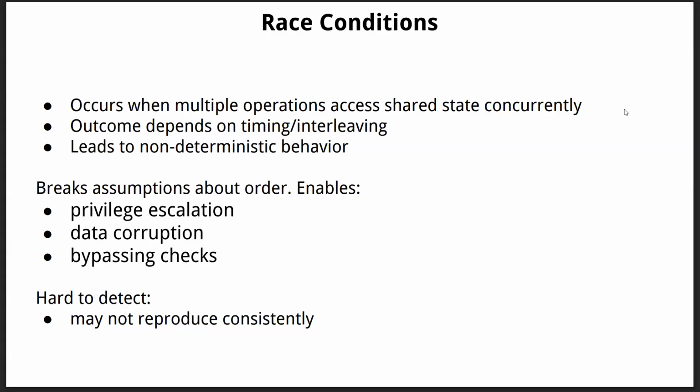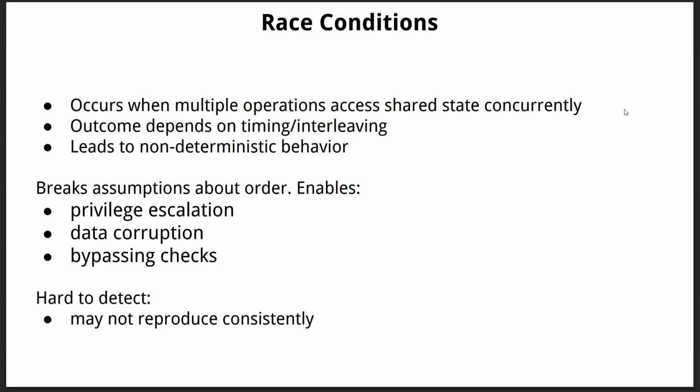This happens when there are multiple operations trying to access some kind of shared resource. The shared resource can be a file on the system, a file descriptor, or a memory location. If it's a file, it may work across different processes. If it's just a memory location, it may work across different threads, right? Then the outcome will depend on the timing and the interleaving of the operations.